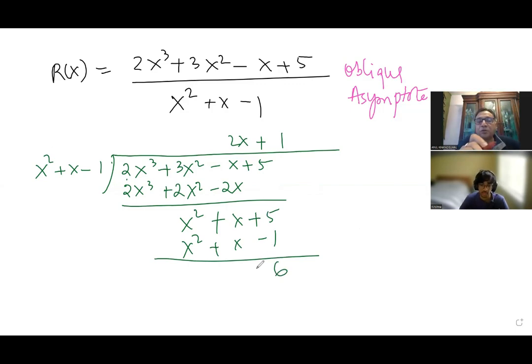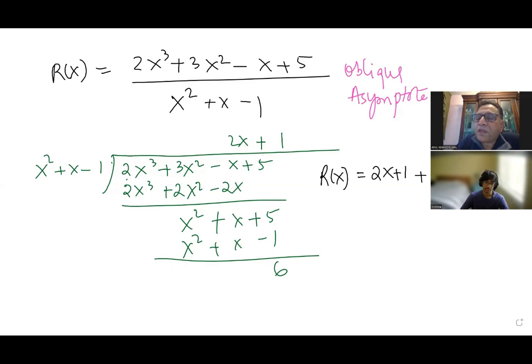Perfect. So now you can write this rational function r of x as equal to the quotient, which is 2x plus 1, plus the remainder, which is 6, divided by what you had, x squared plus x minus 1. Right? This is the division statement. Yeah, correct. Perfect.